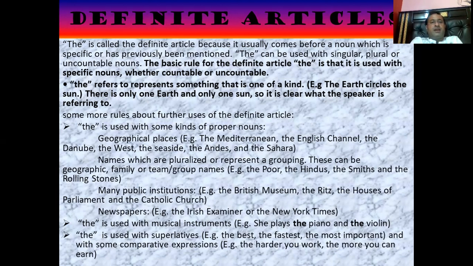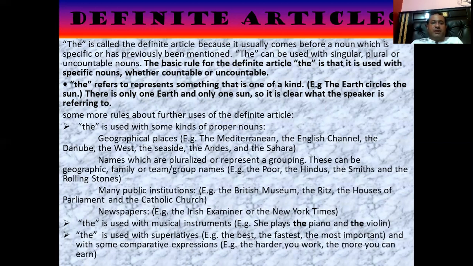Moreover, the refers to something that is one of a kind, like the earth circles the sun. So there is only one earth and only one sun, so it is clear what the speaker is referring to. But the basic rule is that the is used with specific nouns.